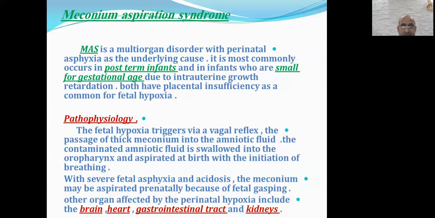With severe fetal asphyxia and acidosis, the meconium may be aspirated perinatally because of fetal gasping. Other organs are affected, of course, not only the lung: brain, heart, GIT, and even kidneys. But the primary organ that suffers more is the lung.